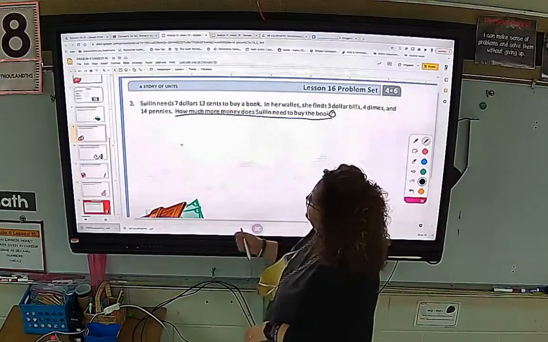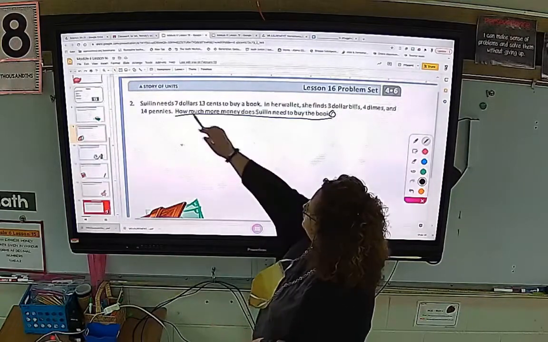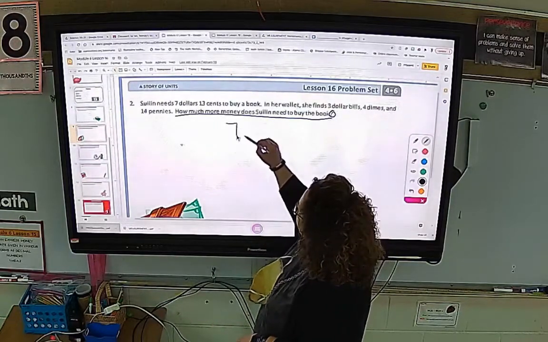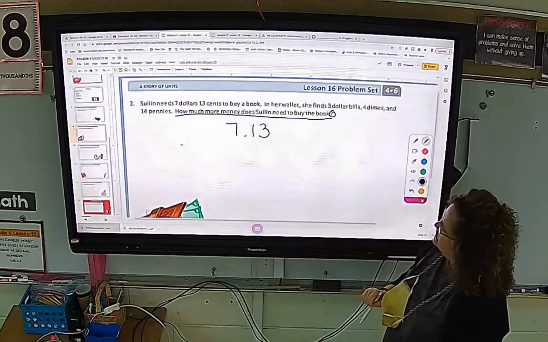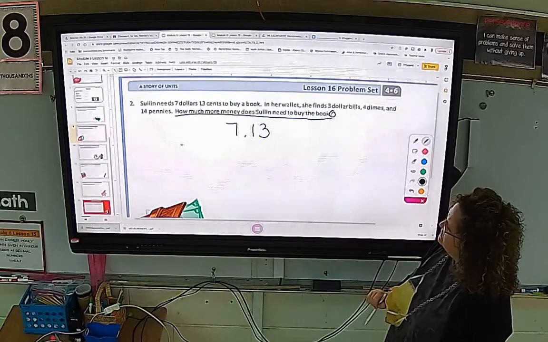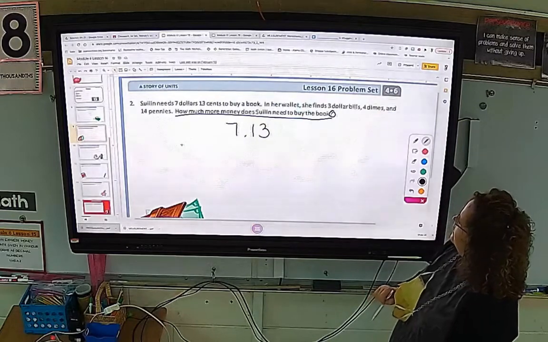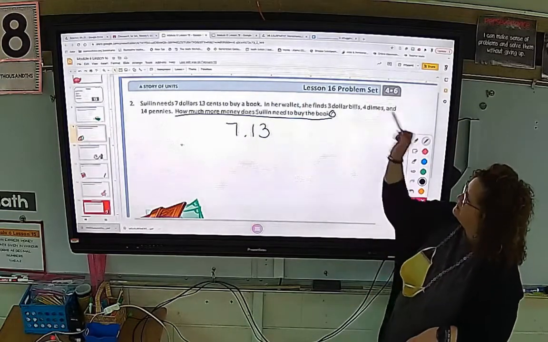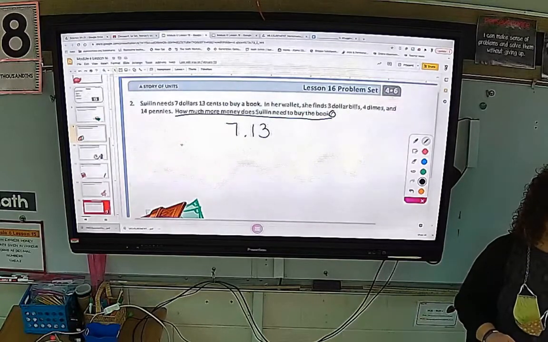All right, so the book costs $7.13. Now the stuff she finds in her wallet, we may need to add up first. So this is really more than one step.